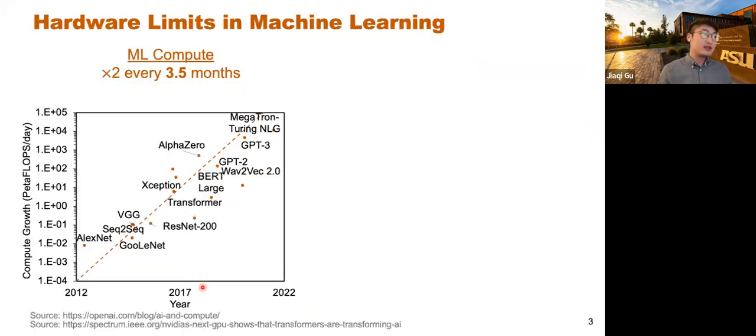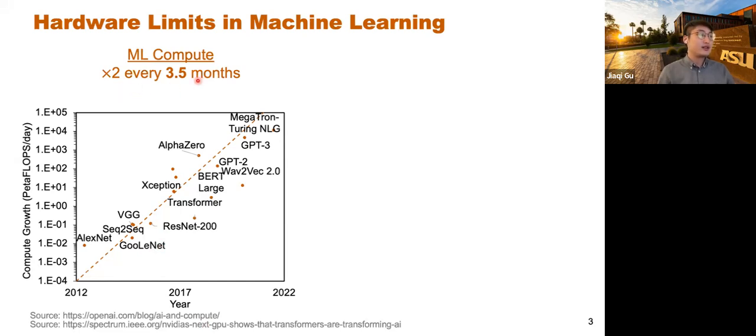So machine learning typically shows very good scaling, right? So I directly quote data from OpenAI and NVIDIA. As you can see, just feed more data into a larger model, you can always get a better performance. And in terms of computing requirements, both for training and inference, doubles every 3.5 months.